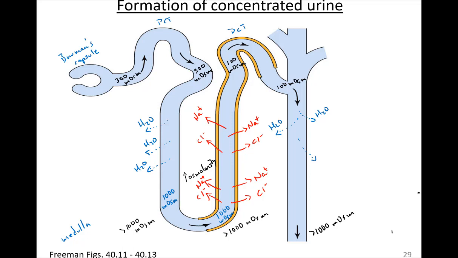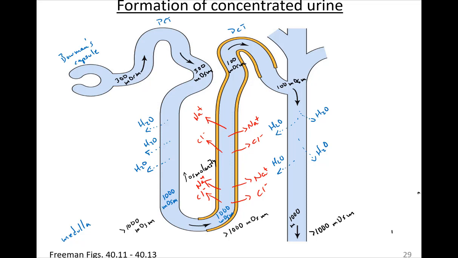And so all the way along this collecting duct, water is leaving, and that movement of water, along with a little bit of additional solute transport out, greatly reduces the volume of filtrate, or urine, whatever you want to call it at this point, that is moving down the collecting duct, and concentrates it.